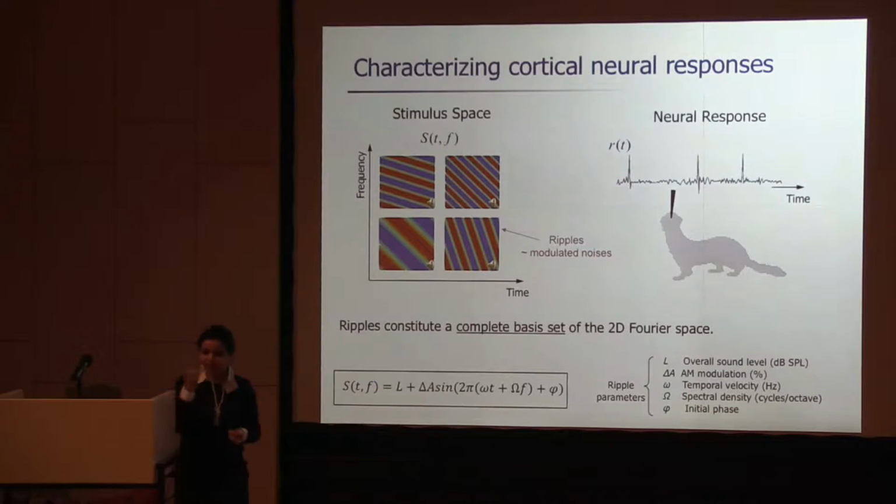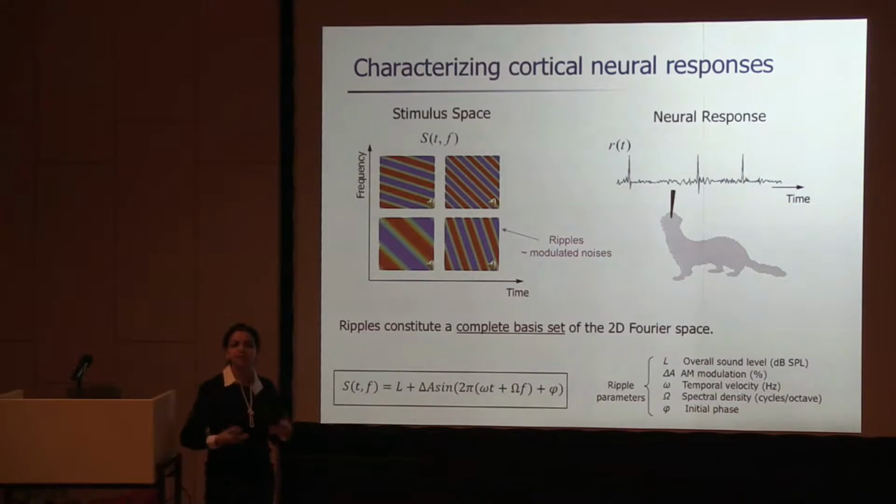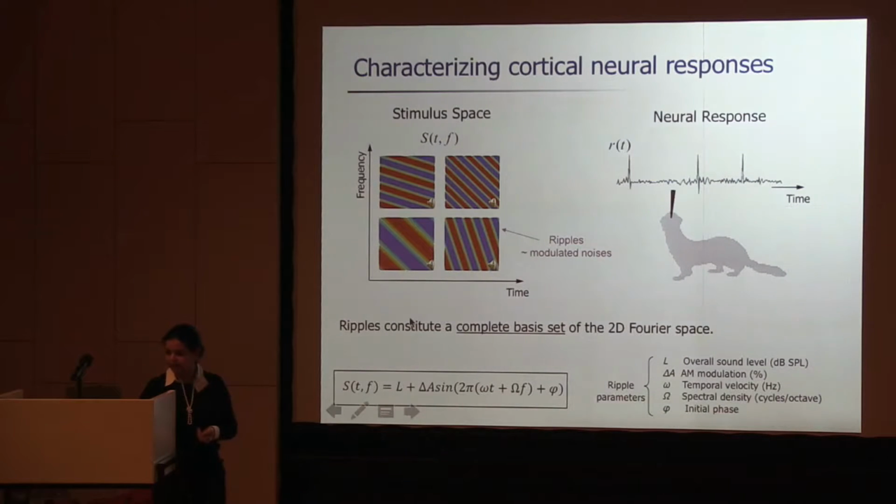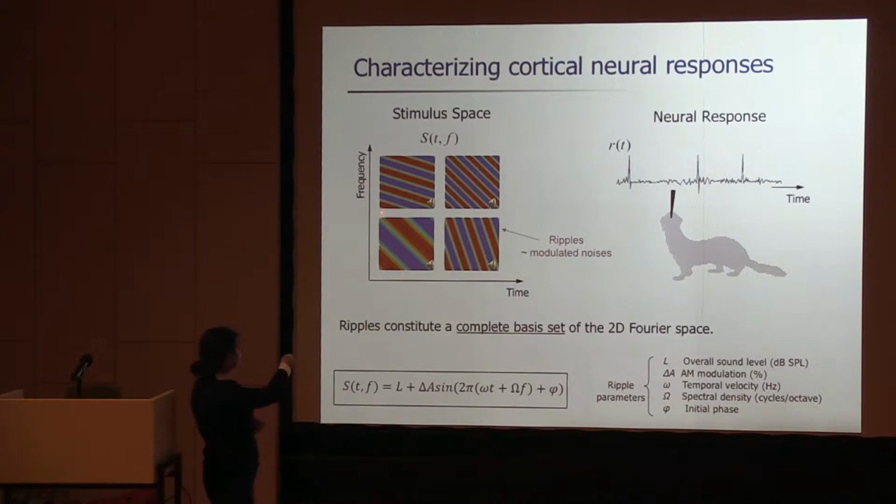In contrast, and thanks to Tafta for introducing the ripples, I don't have to play them. When you give the auditory cortex something more modulated, that changes, that is more rich, they like to respond to these sounds. This is a spectrogram of many of these ripples.